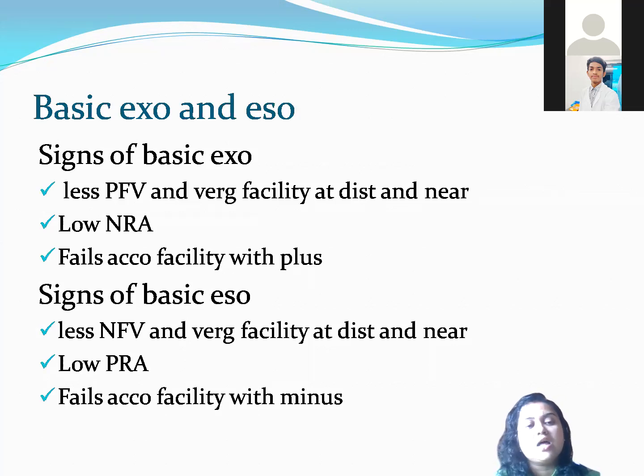So the patient will have a problem with both distance and near. If we get these cases in our clinic, we have to train both distance and near. We cannot train one single part and then leave it. If the patient has a basic exophoria, we have to train the phoria status at distance and near both. That is the thing.